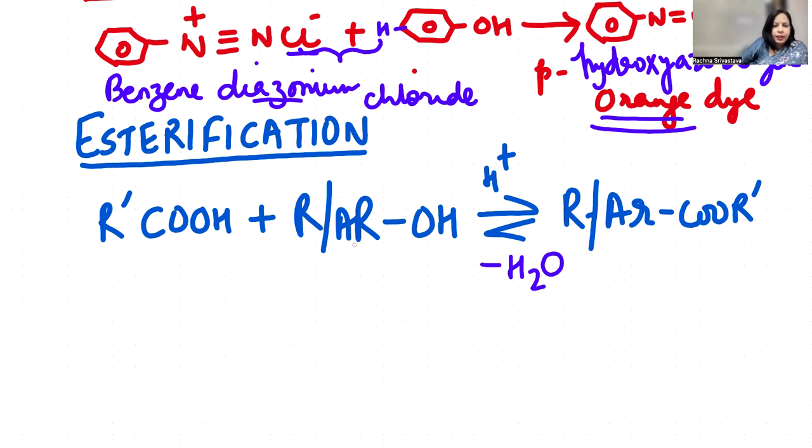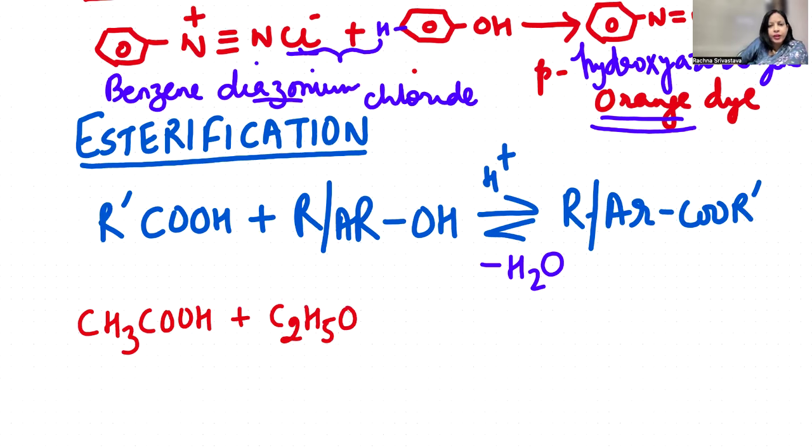So let's take an example. Suppose I take CH3COOH. This is your ethanoic acid, that is in common language acetic acid. Suppose it reacts with C2H5OH, ethanol. It will be a reversible reaction, with H plus. You can also write conc H2SO4, but please do not write only H2SO4.